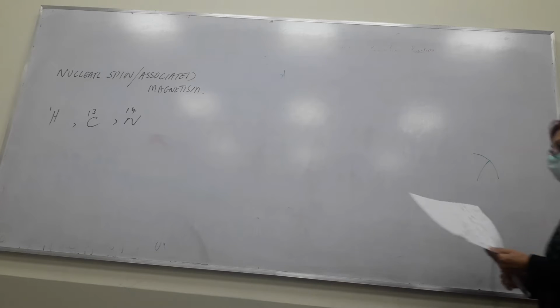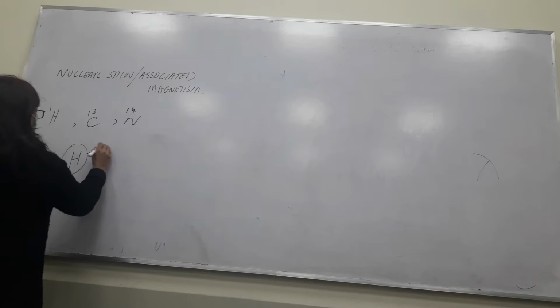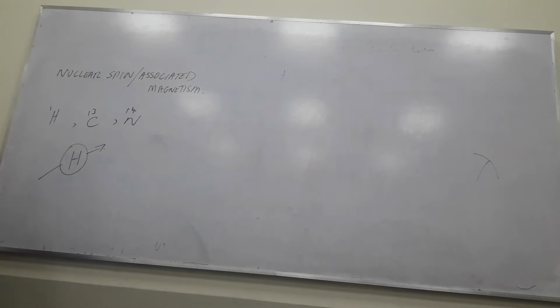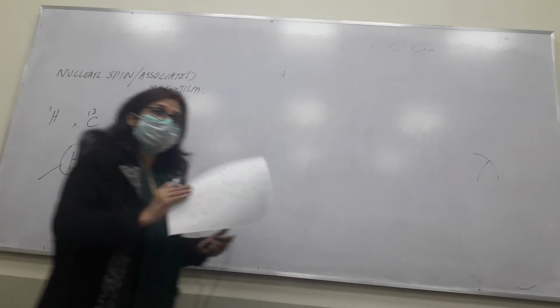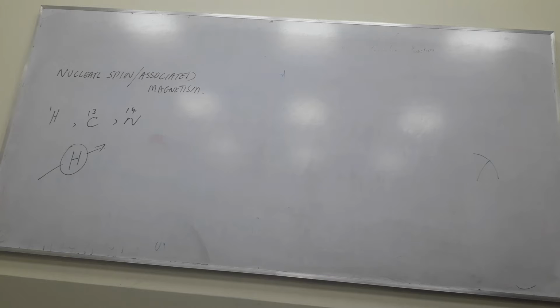The simplest nucleus is the hydrogen nucleus, and we know that hydrogen is very abundant in the human body. Therefore, hydrogen nuclei exhibit this property, and this can be detected, and the nucleus can show a net spin.